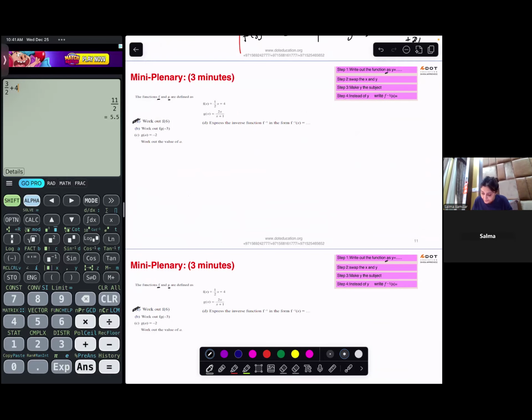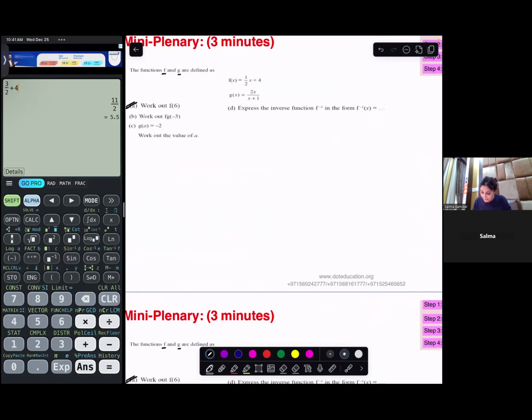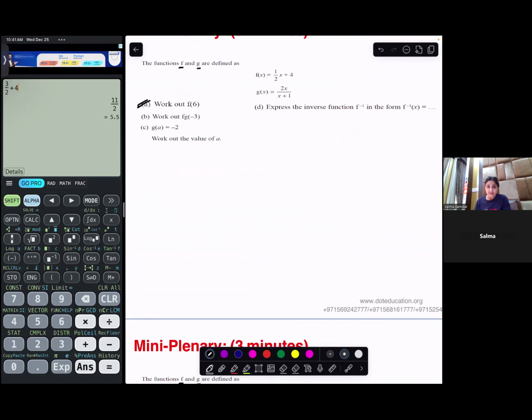I've done this. Now I'm looking at the C part of my question. The C part of my question is telling me find the value of a where g of a is equal to minus 2. They are asking me to find the value of a. Okay. G of a is minus 2. I know my g of x is 2x over x plus 1.